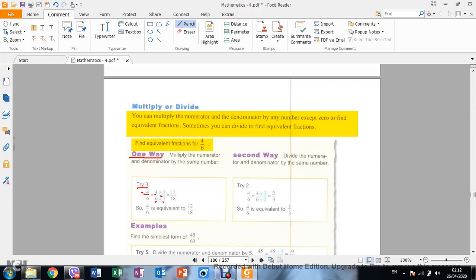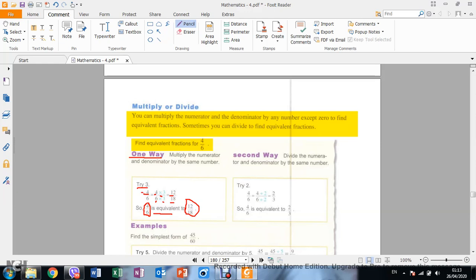Directly you get an equivalent fraction. 4 multiplied by 3 is 12, 6 multiplied by 3 is 18. So 4/6 is equivalent to 12/18. Okay, but sometimes you can also use divide.